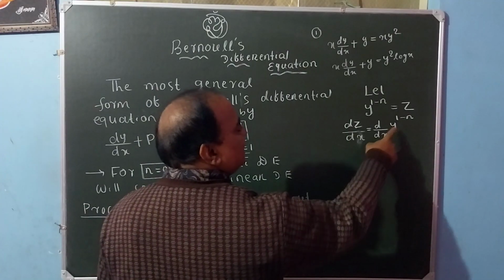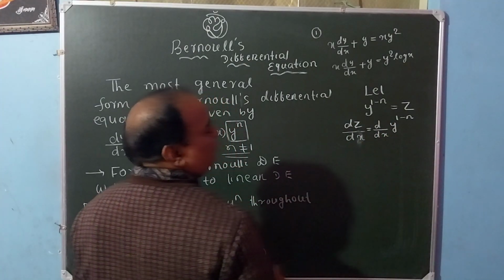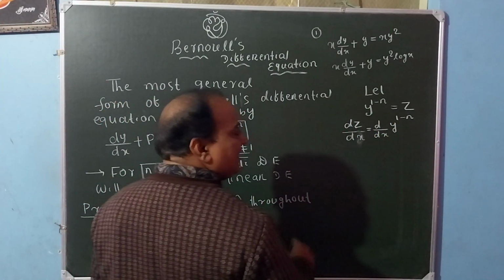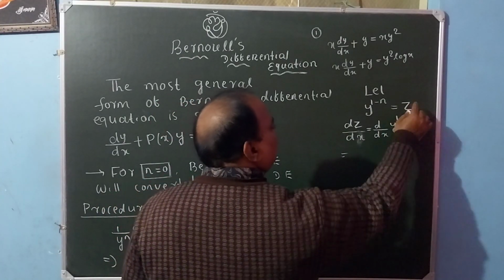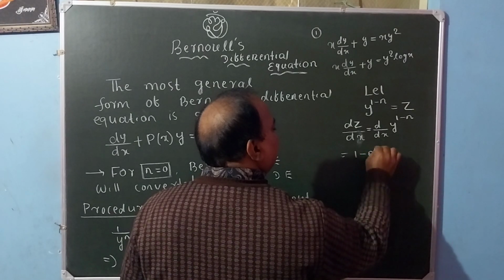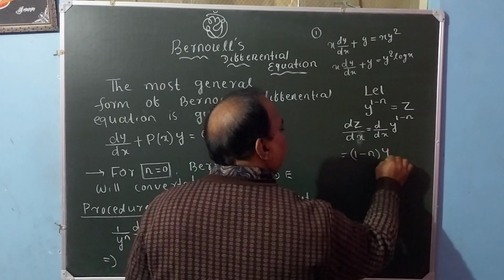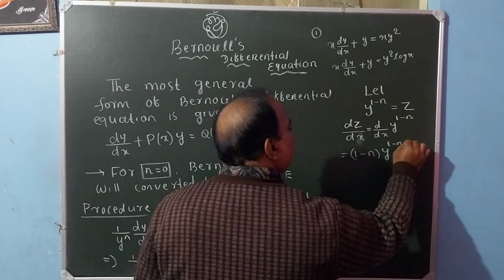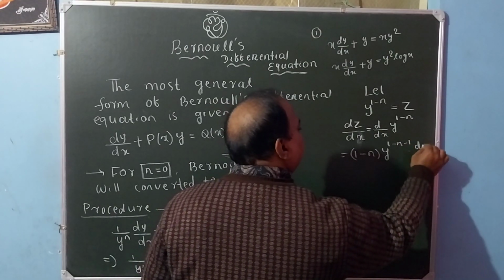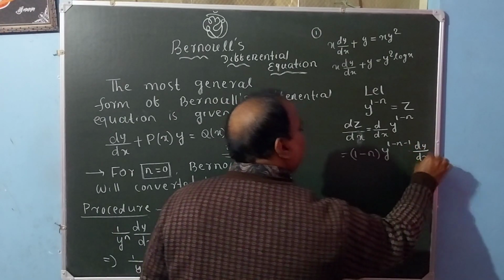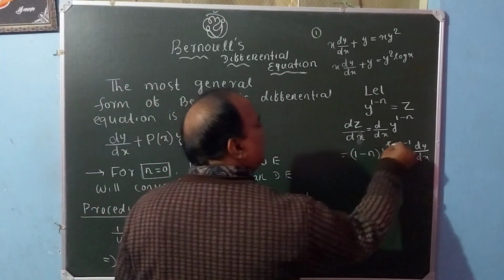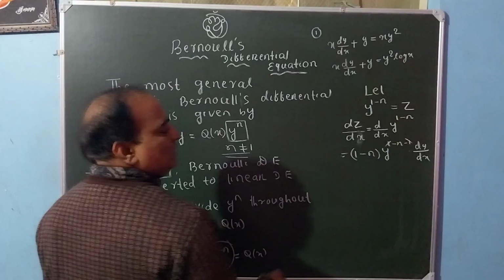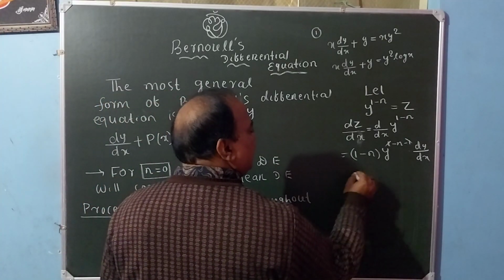Here it is x, here it is y, so you cannot differentiate directly. So apply the chain rule: (1 minus n) y to the power 1 minus n minus 1 into dy/dx. So the 1 minus 1 cancels.